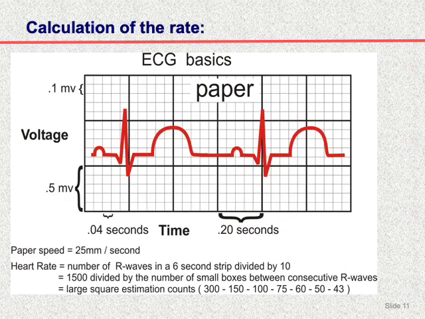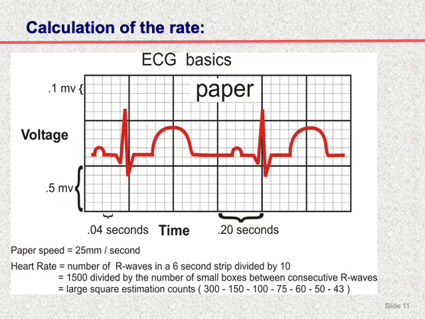Especially at higher rates, we can calculate it using the small squares. For example, here we have almost 15 small squares, so we divide 1500 by 15, and it will be 100.